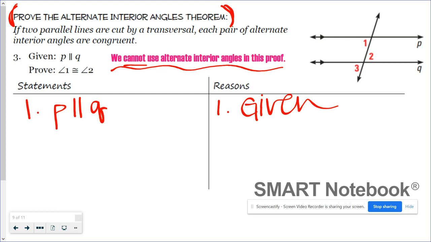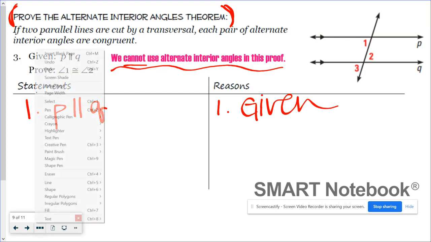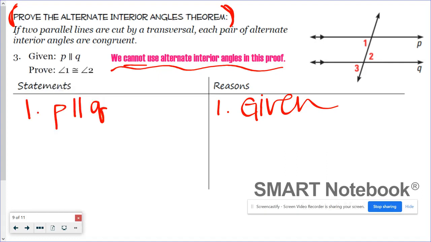Our goal is to prove that angle 1 is congruent to angle 2. So how can we use the information we're given and or the diagram to do this? Keeping our eye on the prize, so to speak, we need to bring angle 1 and angle 2 into our proof.